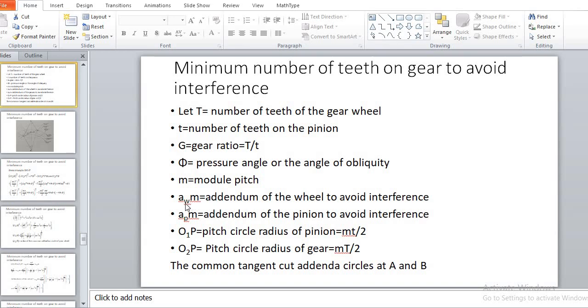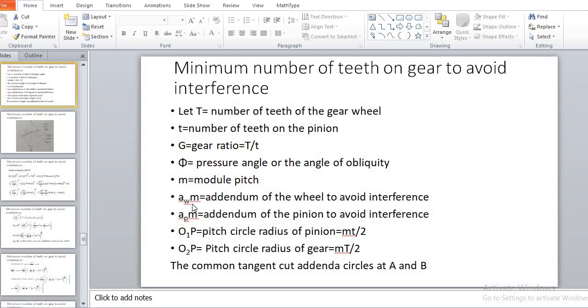Now A_W M represents the addendum of the wheel to avoid interference, and this A_W is the fraction by which the standard addendum of one module for the gear is to be multiplied.